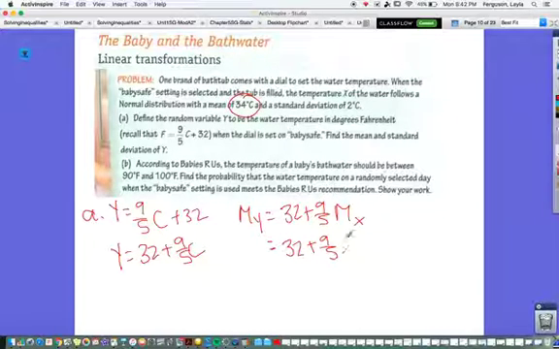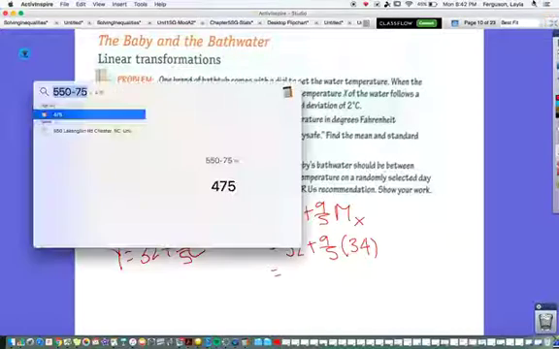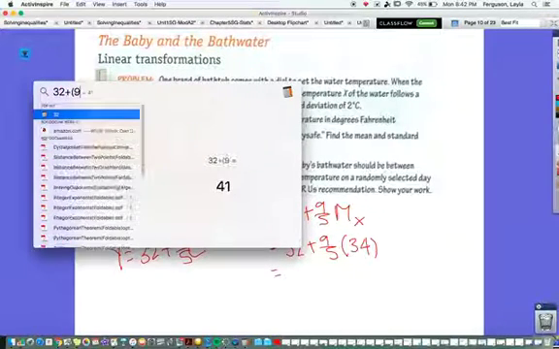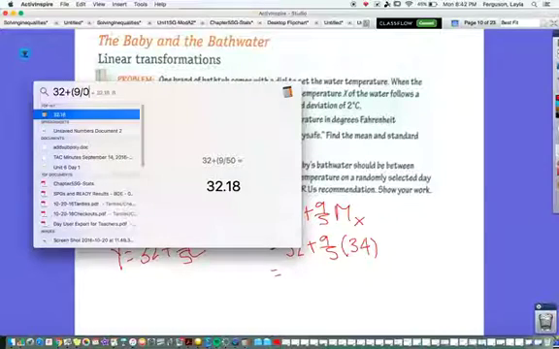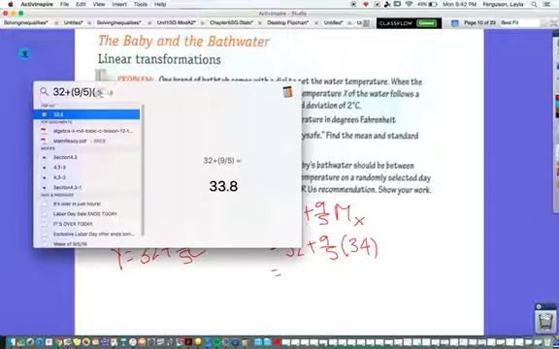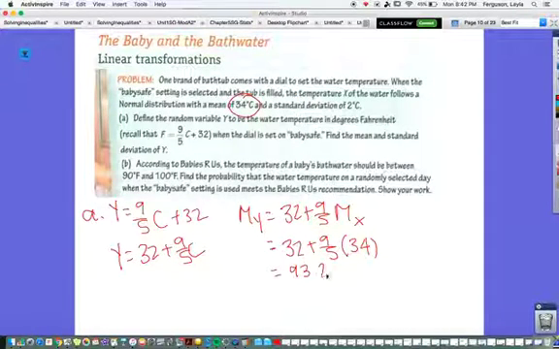So 32 plus 9/5 times 34. And whenever we work that out, 32 plus 9/5 times 34 gives us 93.2. So 93.2 degrees Fahrenheit.